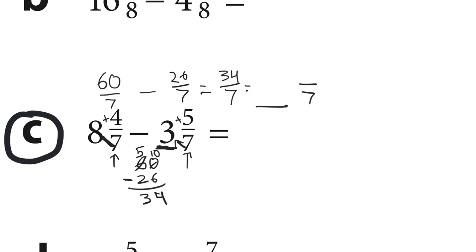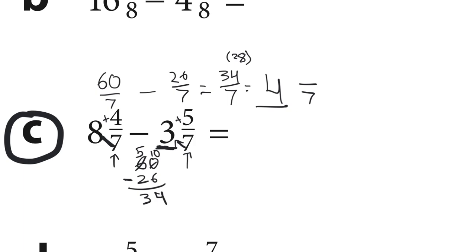So let's do this. How many 7s fit in 34? Well, I could do 4, and that would give me 28, right? Because 7 times 4 is 28, and I'm just going to make a little note of that, okay? 28, okay? Let's just start that number over.